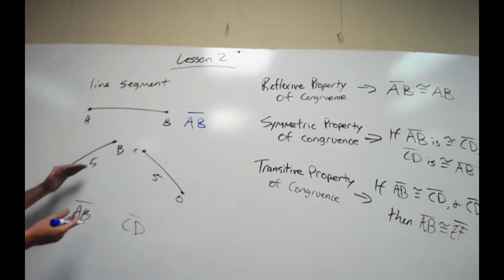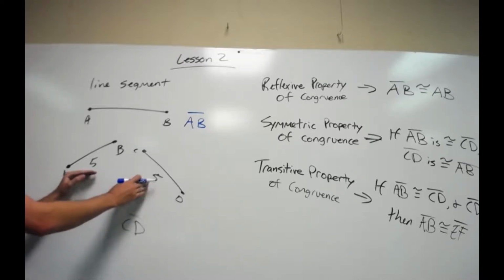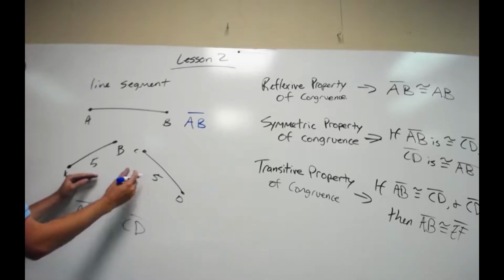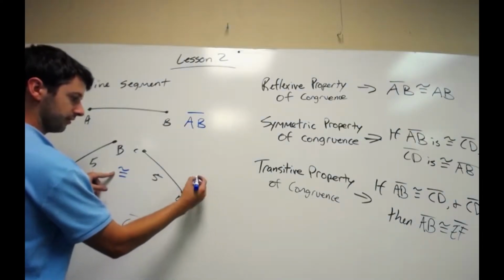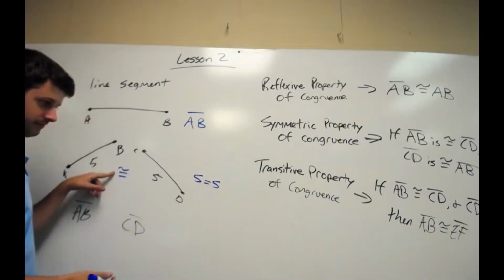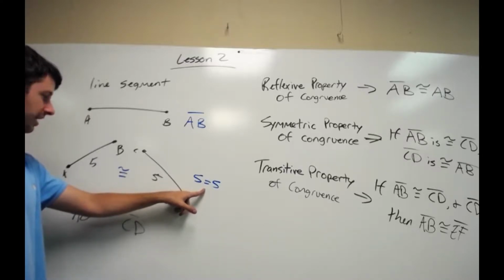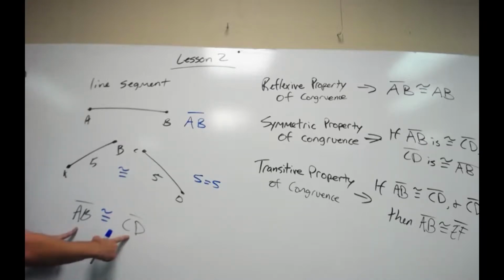Now, since AB and CD have the same length measure, what they can be called is congruent. This is the symbol for congruent. 5 equals 5. But when you are referring to lines, AB is congruent to CD.